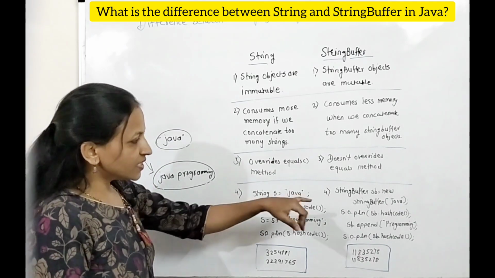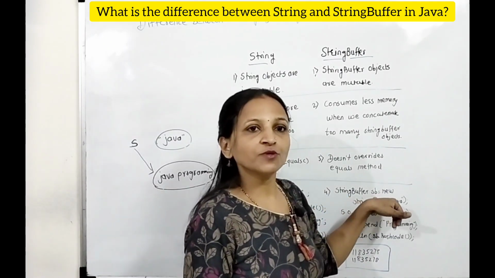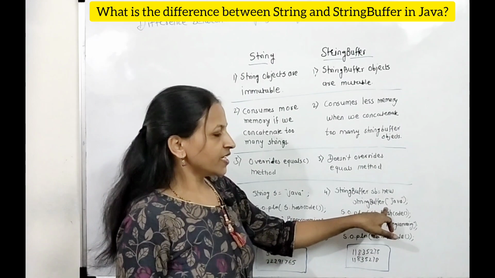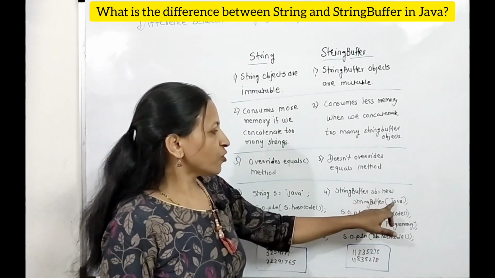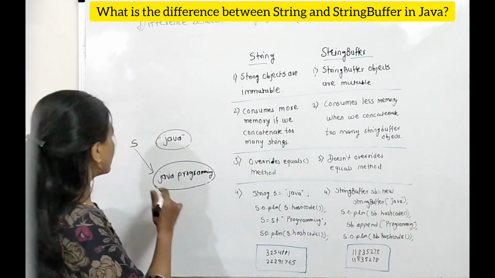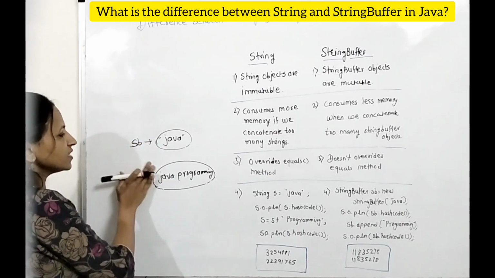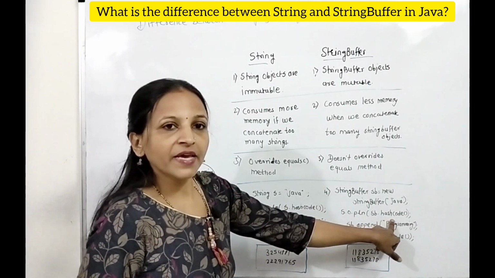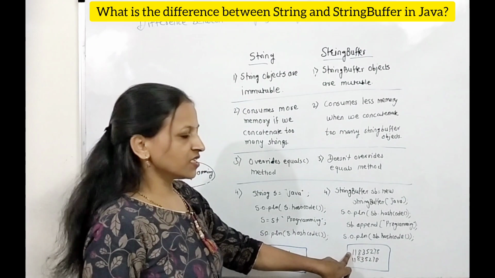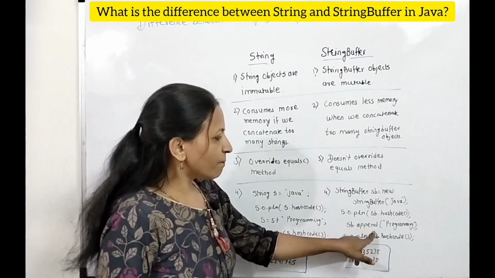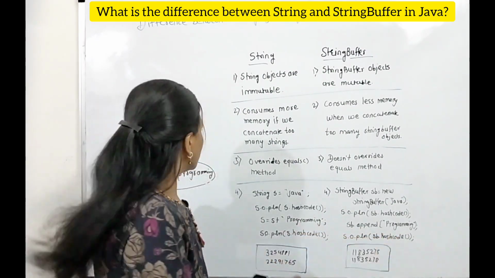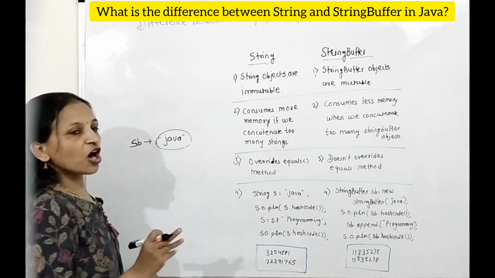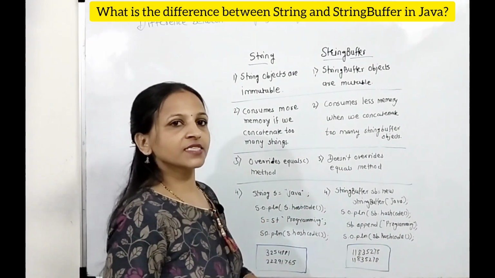Because this object and that object are different objects. And in this case I am creating an object of the StringBuffer class. Initially I have created a StringBuffer object sb with Java contents. In this way I am displaying the hash code. Again I am appending programming to that. Now the same object will be modified, because StringBuffer objects are mutable.